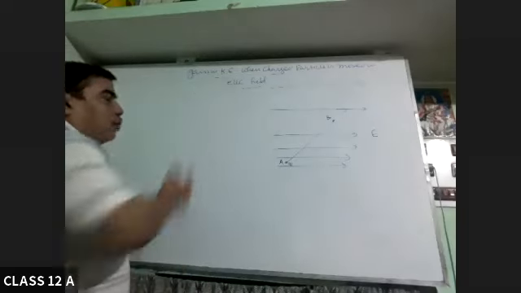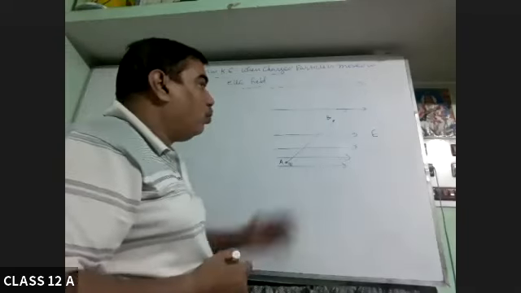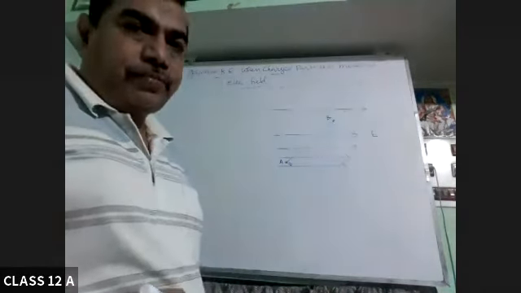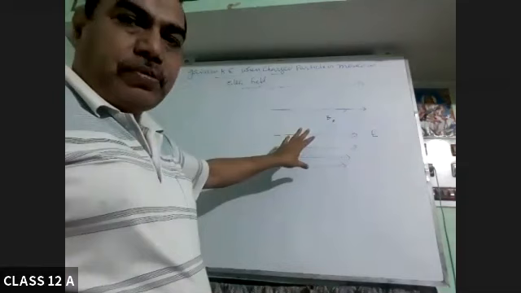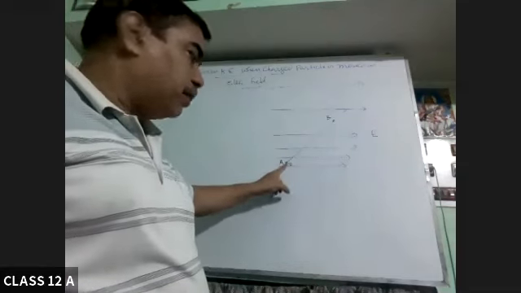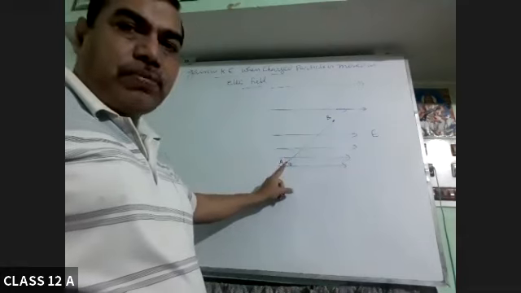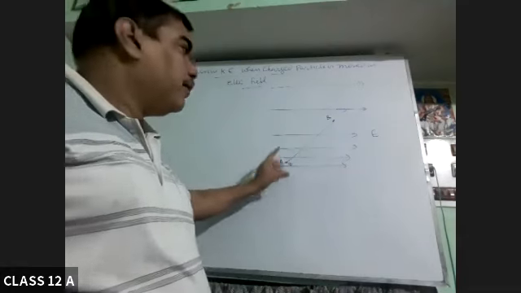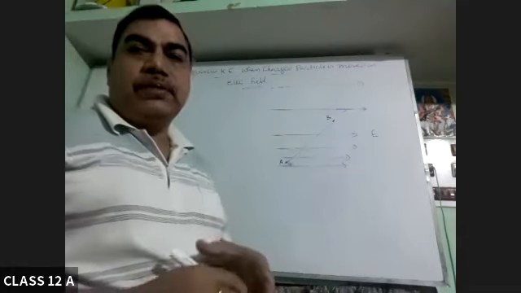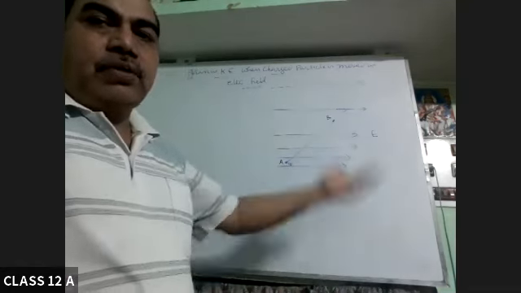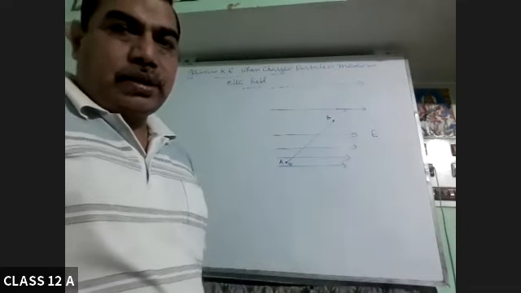So according to the work energy principle, work done by this electric field will be equal to gain in kinetic energy. Here, if we consider the electric force as the external force acting on the particle, then the work energy principle says work done by all the forces equals gain in kinetic energy.